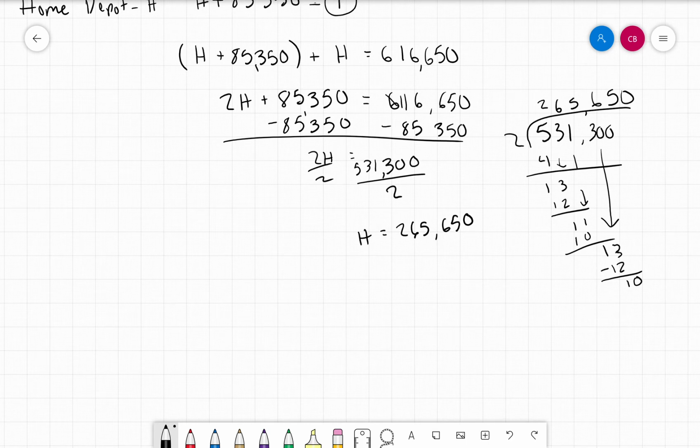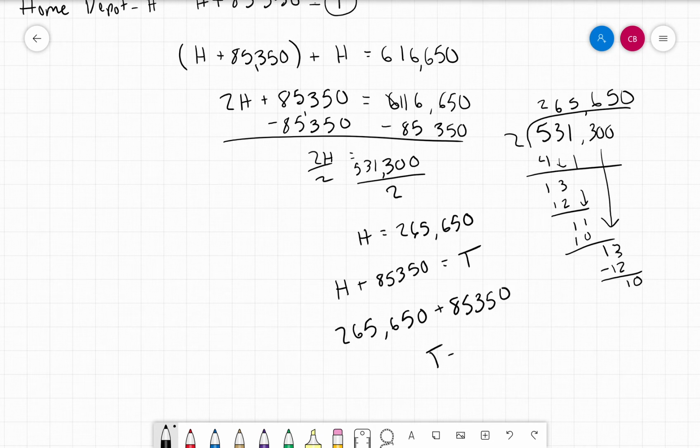So if we know that, then we know T, because if we add 85,350 to that, we have H plus 85,350 is equal to T. Well, we know H is 265,650. So go ahead and add that.